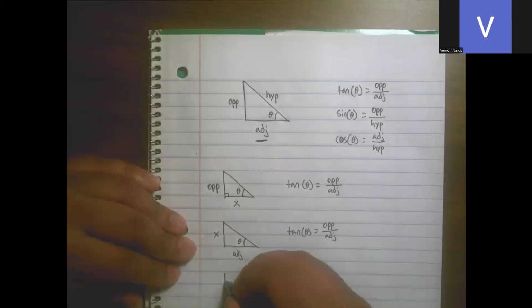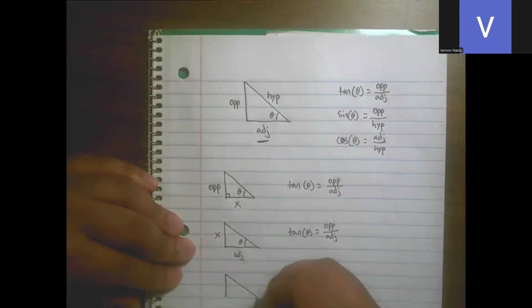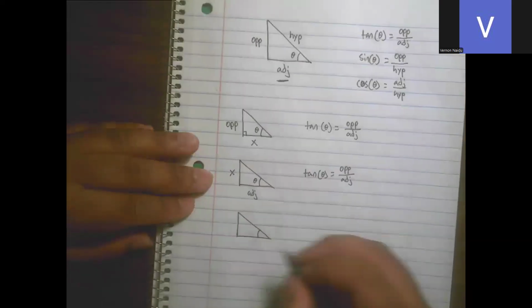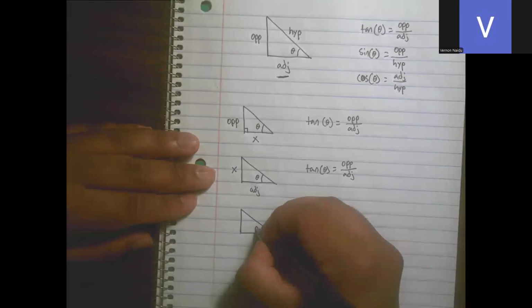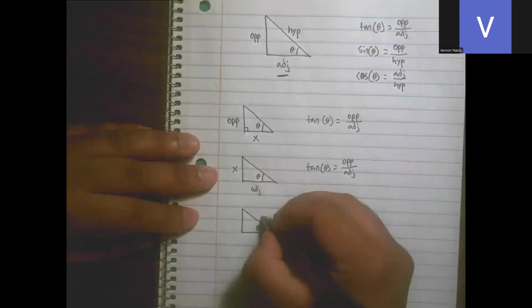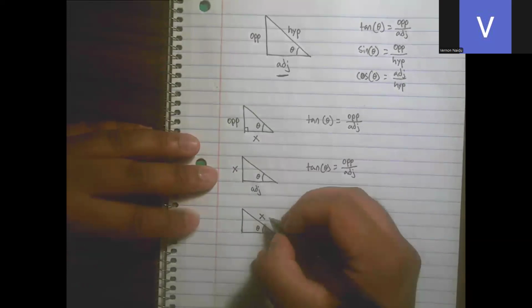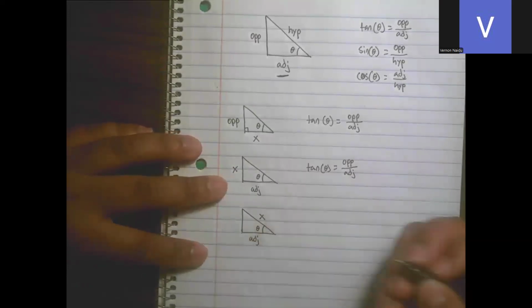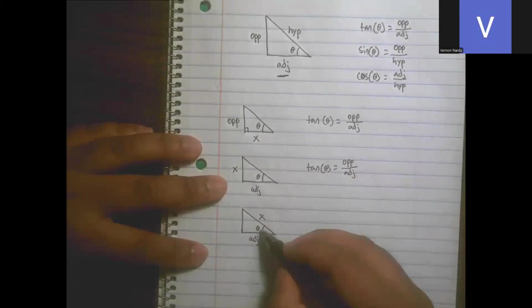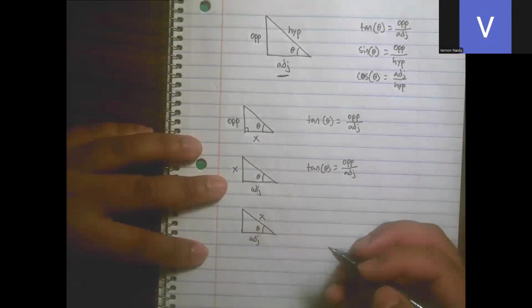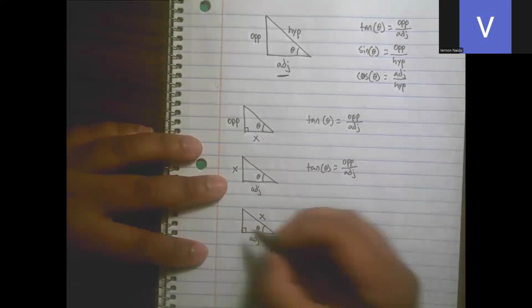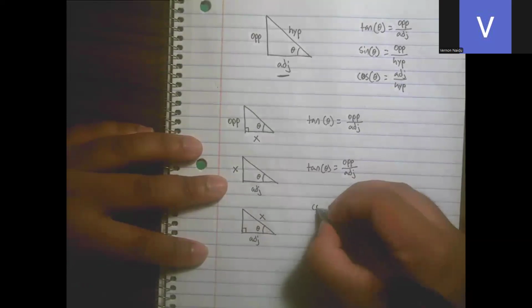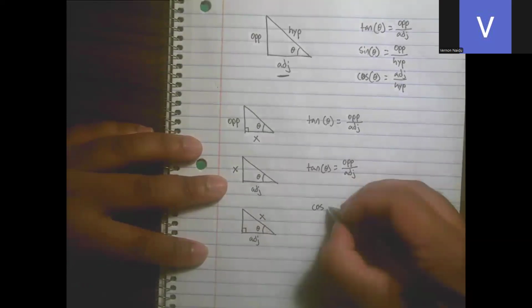Let's see, if we have a triangle like this, now, if we're solving for x and we're given the adjacent side of this reference angle, the first option we're going to have is we can use cosine, right?